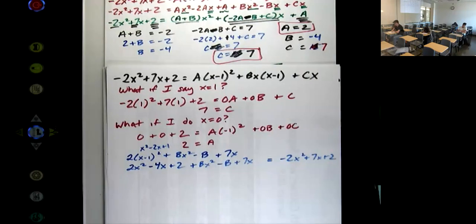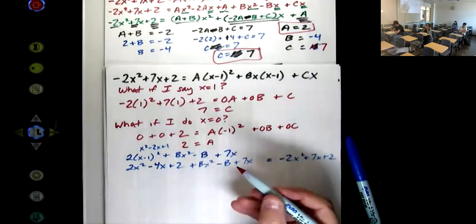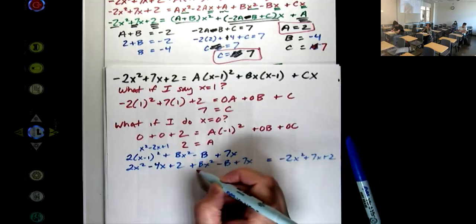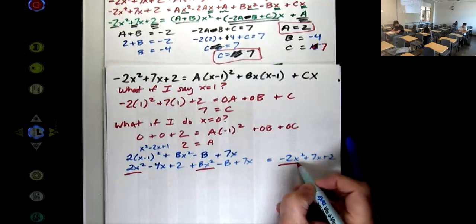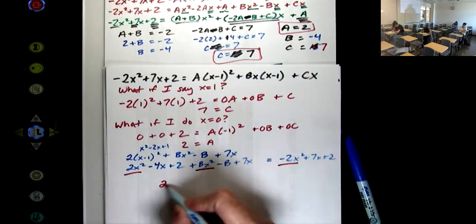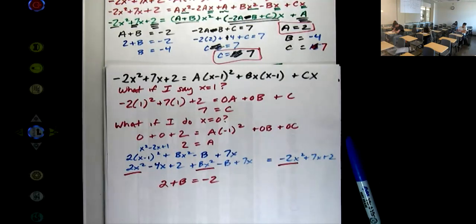Now, rather than going all crazy and cleaning up the left side, I'm not going to do it. All I need to know is that I've got an x squared here, an x squared here, and an x squared there. 2 plus b equals -2. Those are my coefficients for x squared.